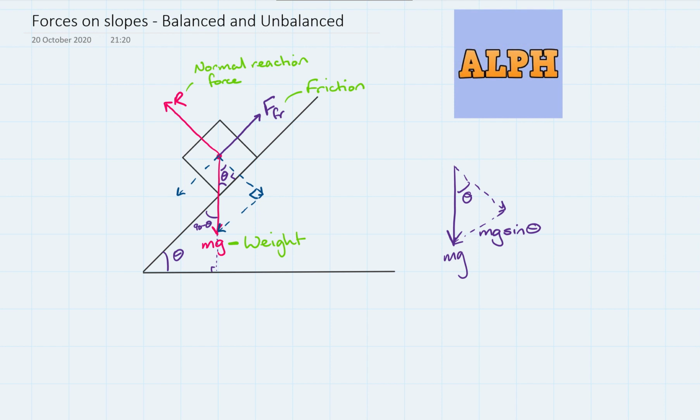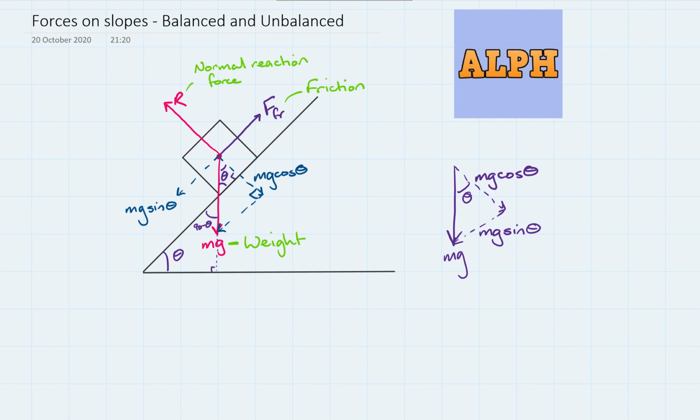So I can multiply both sides by the hypotenuse to get that. And then the other side would be mg cos theta. So now I can add those magnitudes on here: mg cos theta and mg sine theta.